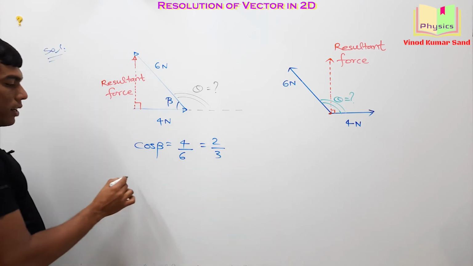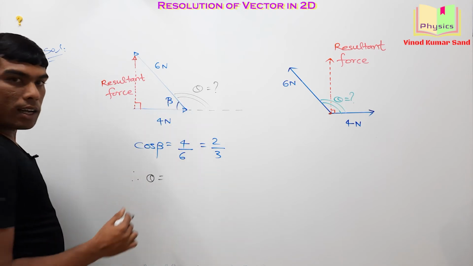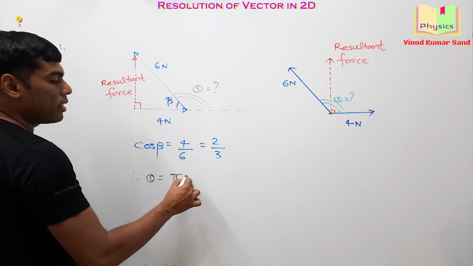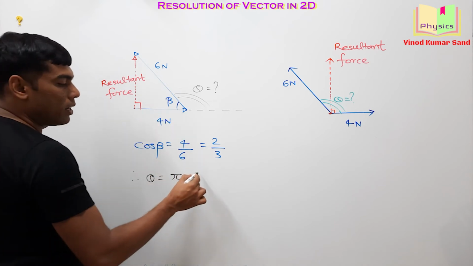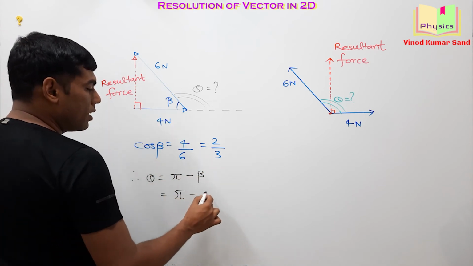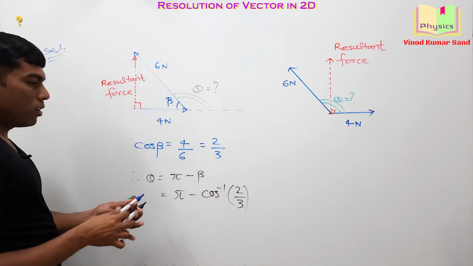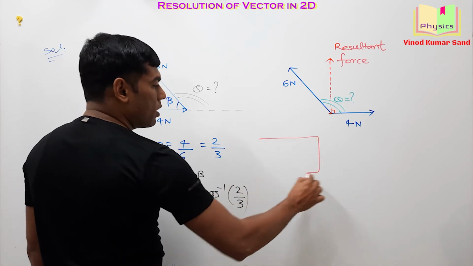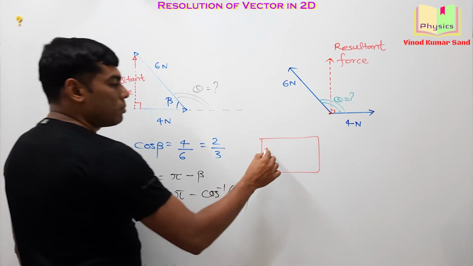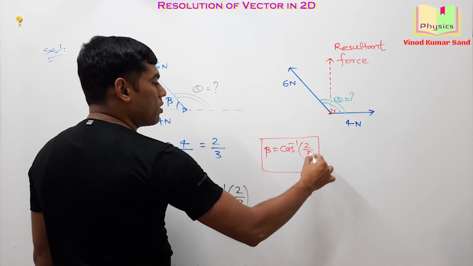Now our requirement was the theta. Can we write that theta is pi radian minus beta? So the theta is equal to pi minus cos inverse of 2 by 3, because from this computation, you can say that beta is equal to cos inverse of 2 by 3.